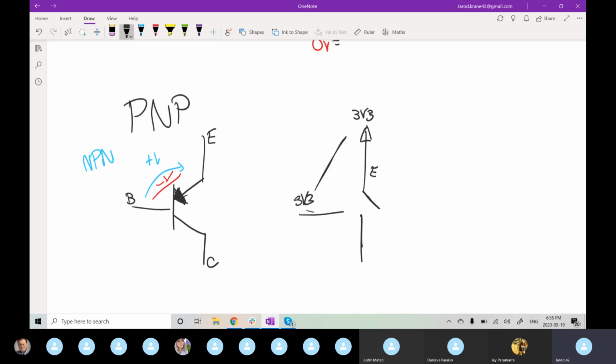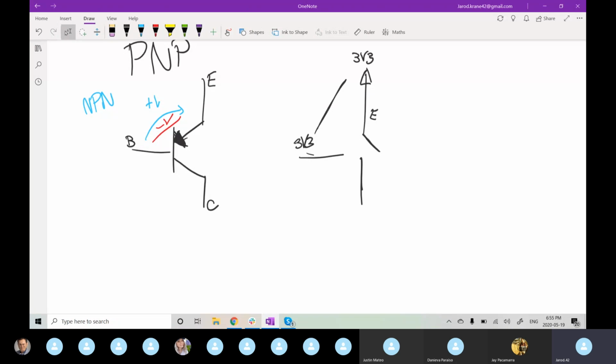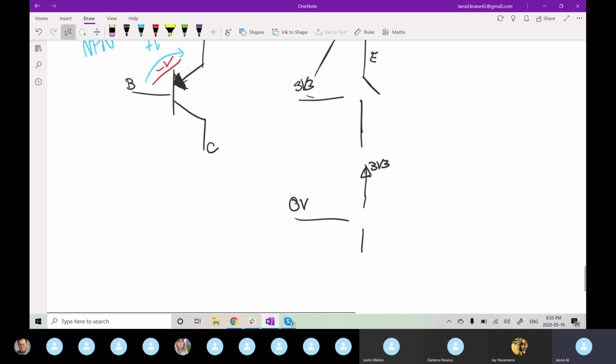So your switch will remain open. Whereas if we send 0 volts while we have 3v3 on, now because we see a negative voltage drop from base to emitter, the switch is going to close and will allow current flow.